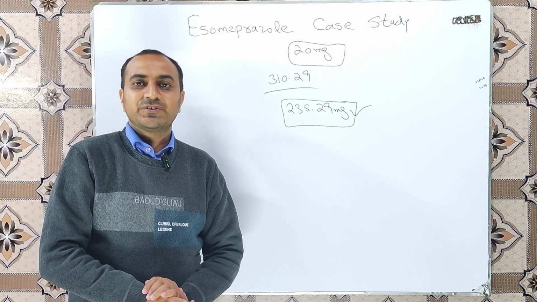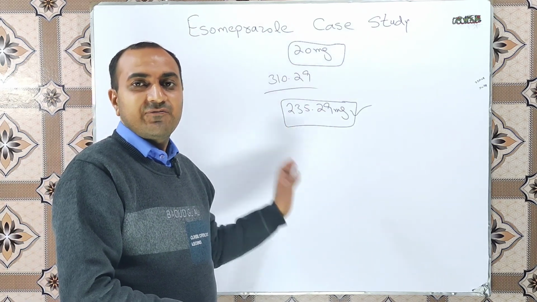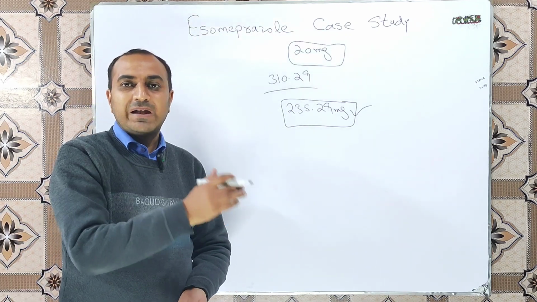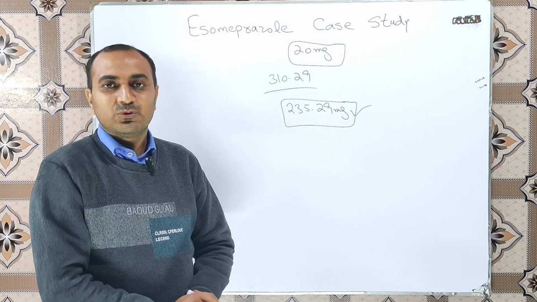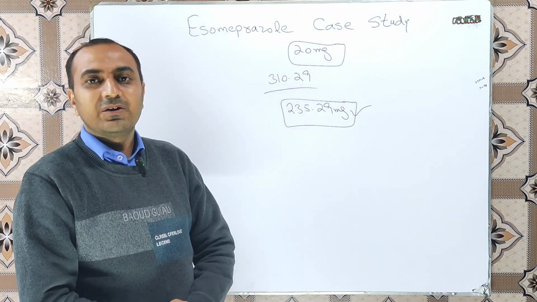The pharmacist said that he is not aware of why we are filling this quantity of pellets in one capsule. So the production manager asked him, do you want to learn?